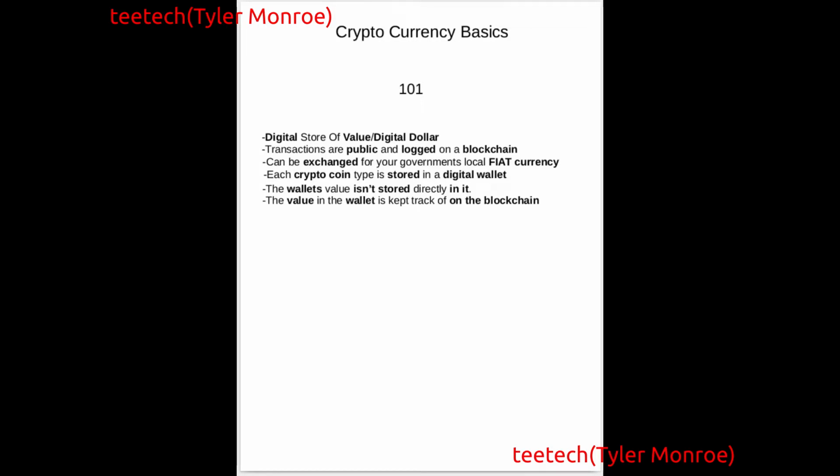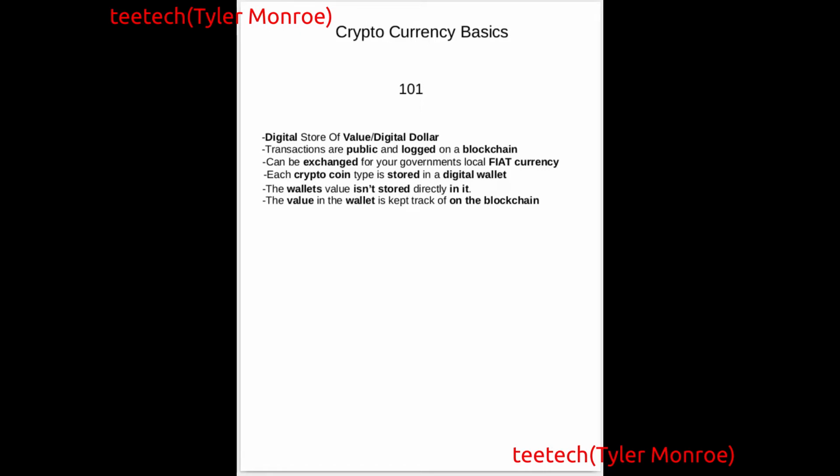So the goal here is just to get you acquainted with some of the essential concepts that interweave through all the different cryptocurrency coins and things of that nature. So here's the first little 101 if you don't know anything about what this is.